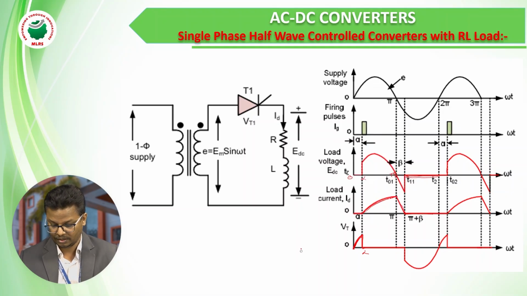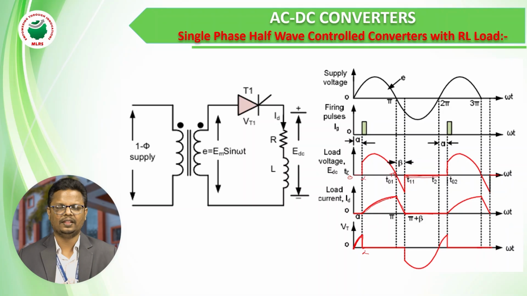Again, when we trigger, it slowly increases and again becomes 0. So it goes on functioning like a cycle. Okay, so this is about the RL load.